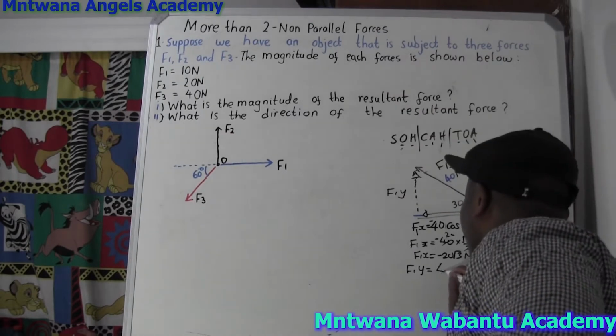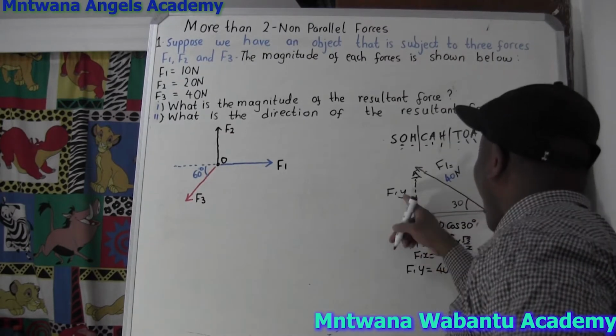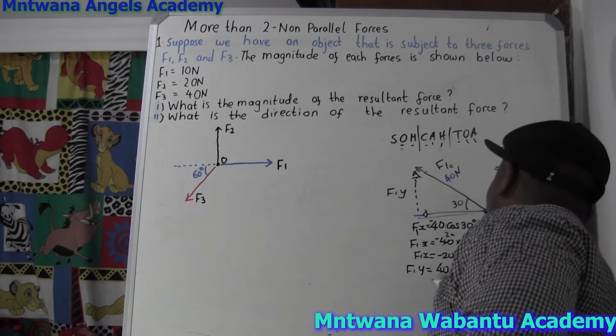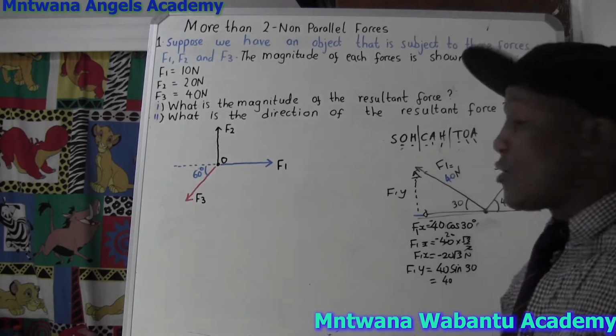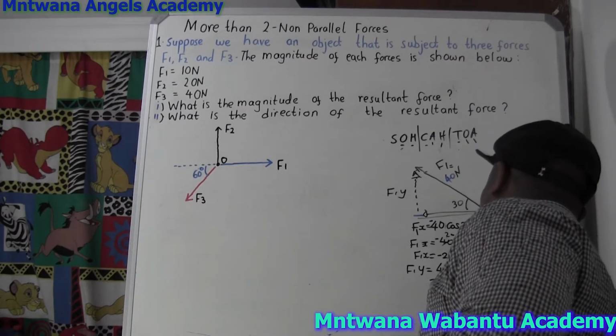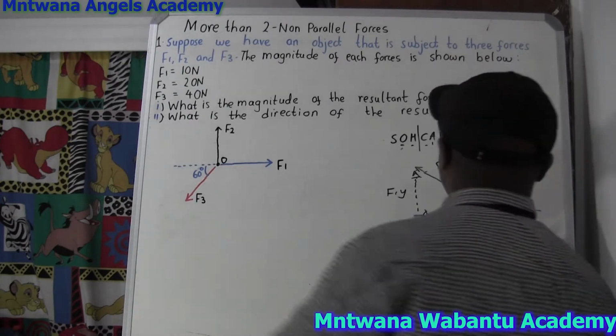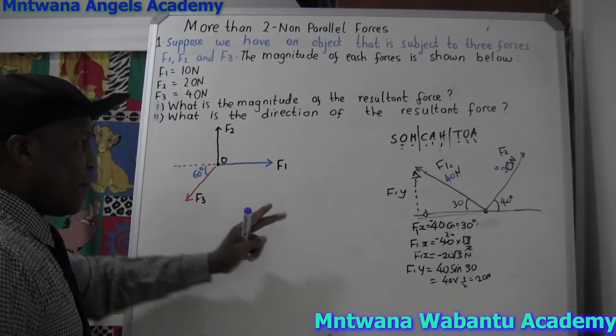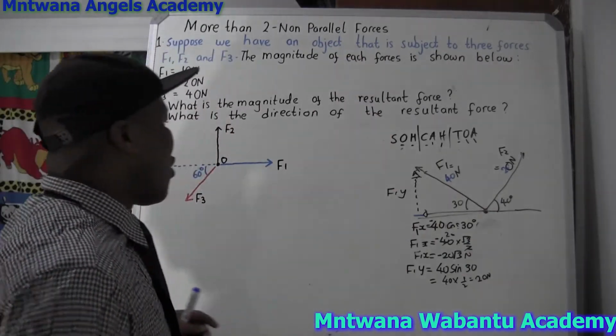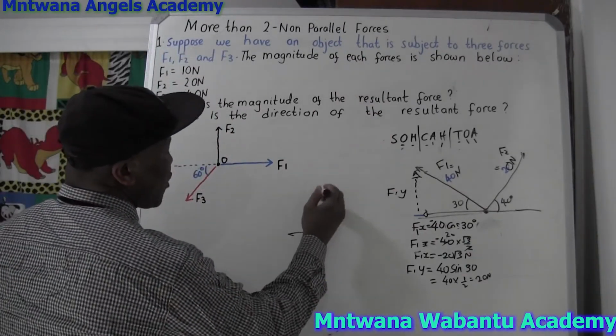So I'm going to say 40 times sine of the angle. This is 40 times sine of 30, which equals a half, which equals 20 Newton. But which direction? This one is moving to the left, but this one is moving up. Come on, man, on a number line, anything moving up is positive.